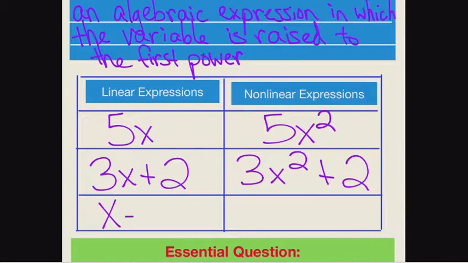Another linear expression might be x minus 7, whereas a nonlinear expression would be x to the 4th power minus 7. So you can see the difference there. In our linear expressions, all of our variables are raised only to the first power, whereas nonlinear expressions can be raised to other powers. We will only be working with linear expressions during these lessons.